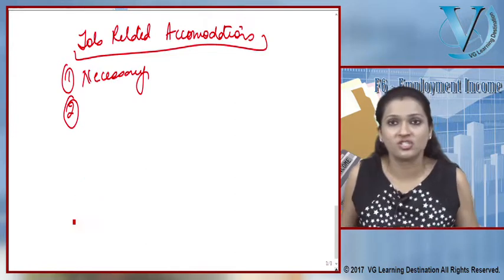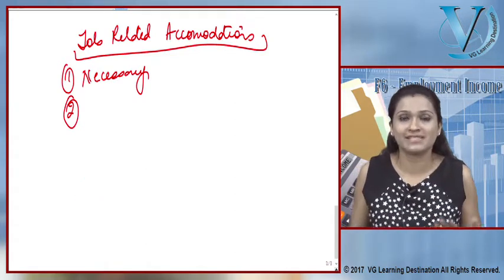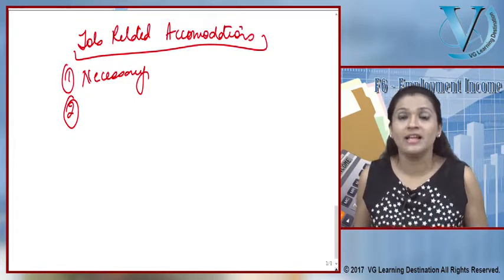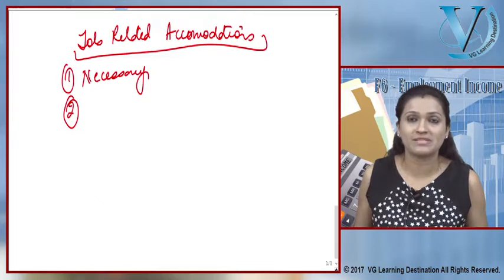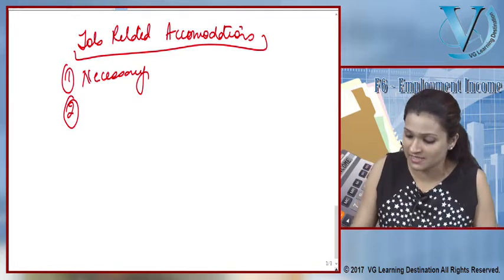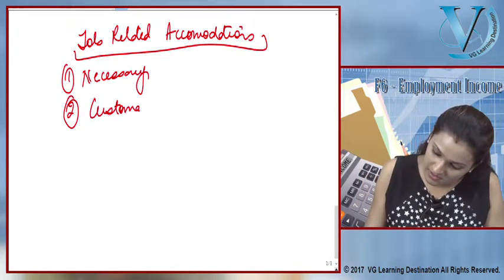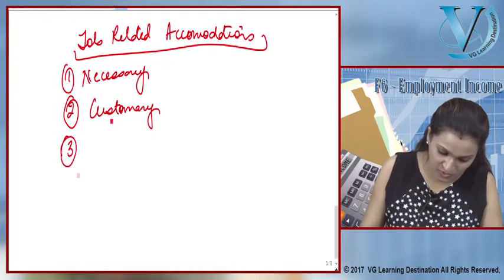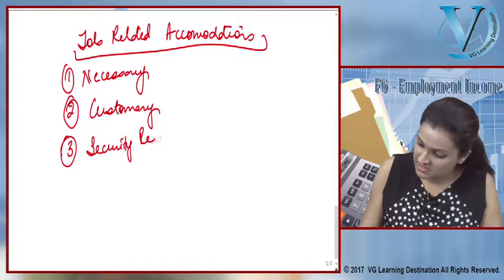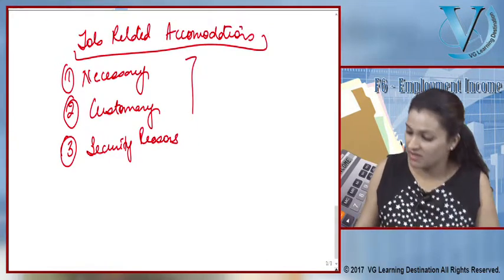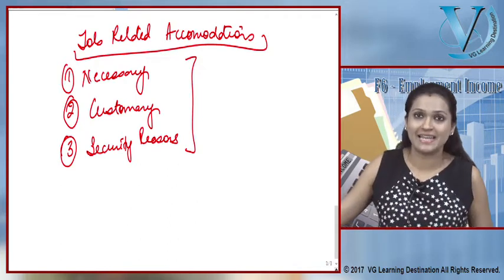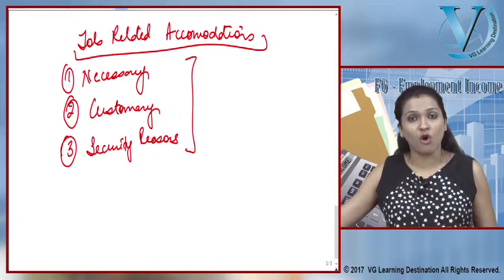Like nuns of the church are always given an accommodation to live in. The nurses of the hospitals are always given an accommodation to live in. So these are very customary to the profession itself, as well as they are provided for security reasons. So basically all these three make an accommodation a job related accommodation, because it is necessarily provided to you for you to be able to perform your job.